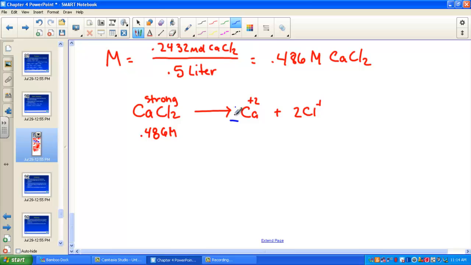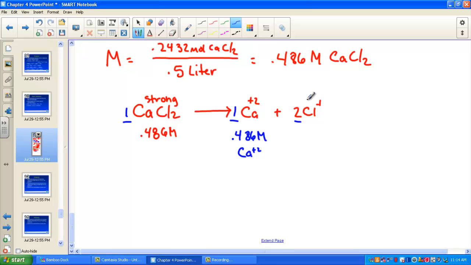The stoichiometric ratio is a 1:1:2 coefficient ratio. In calcium chloride, we would have the same number of calcium ions, so its concentration is 0.486, but notice how we get twice the number of chlorides released.